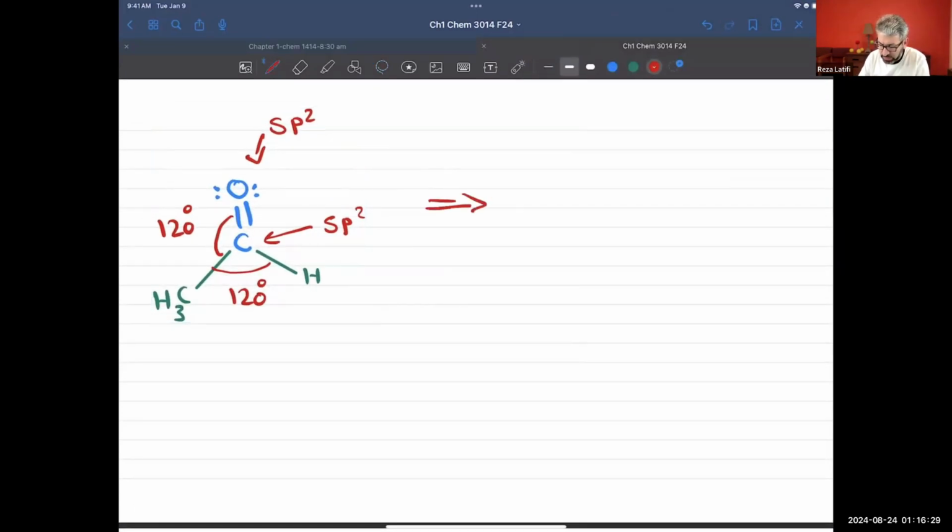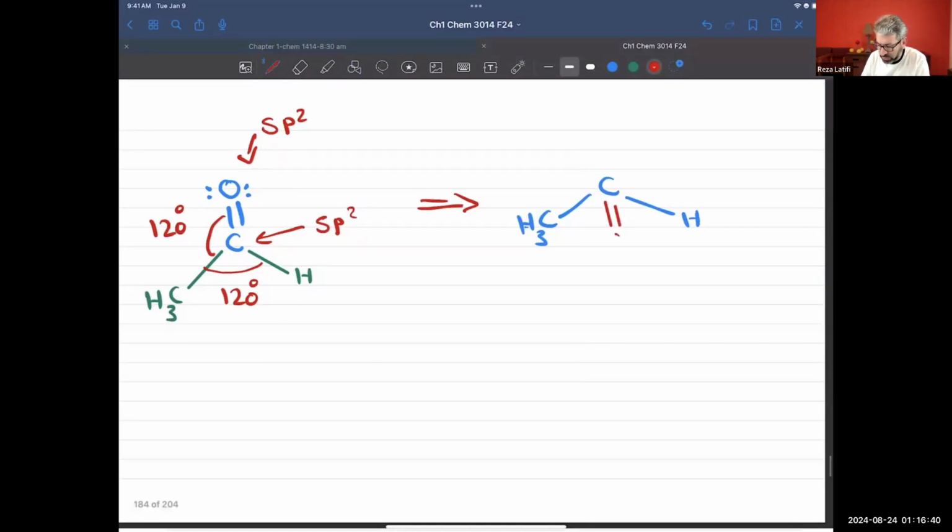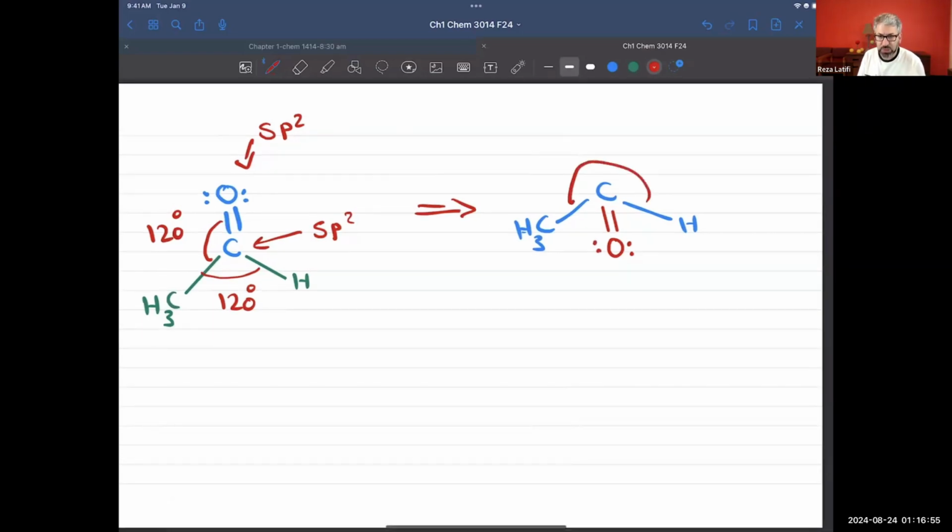It's not going to be a good presentation to put carbon there, hydrogen here, and then draw oxygen somewhere there. Why? Because whenever you're drawing the Lewis structure of any molecule, you try to maximize the bond angle. In this case, you left that entire space unused.